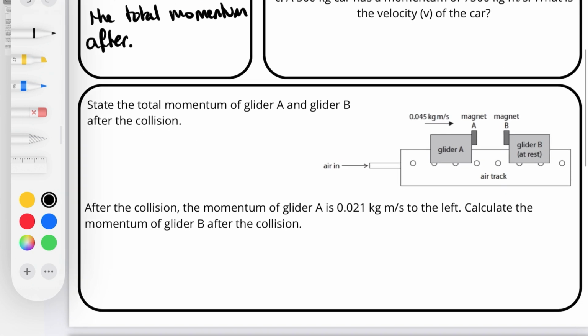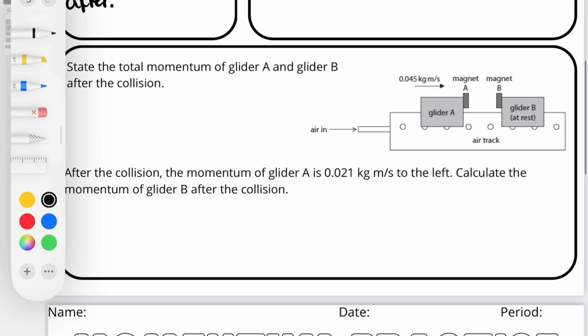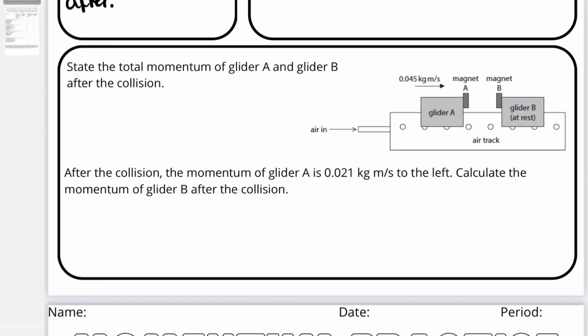Okay, it's a little bit hard for me to fit that all on the screen. Let's move that out the way. So state the total momentum of glider A and glider B after the collision.